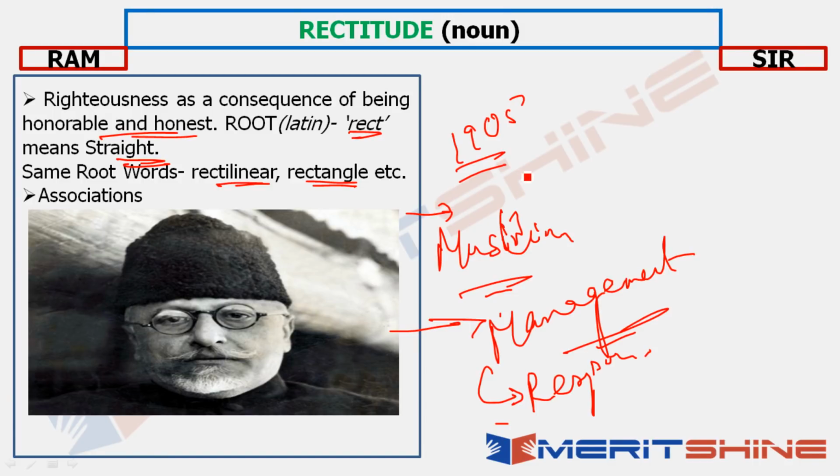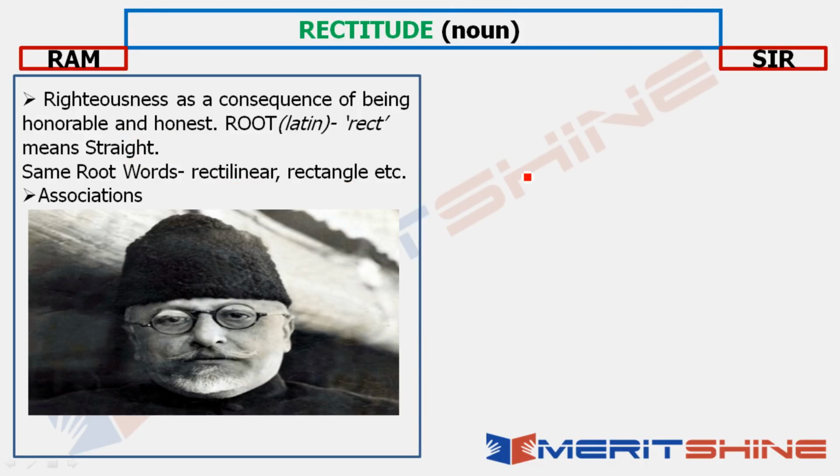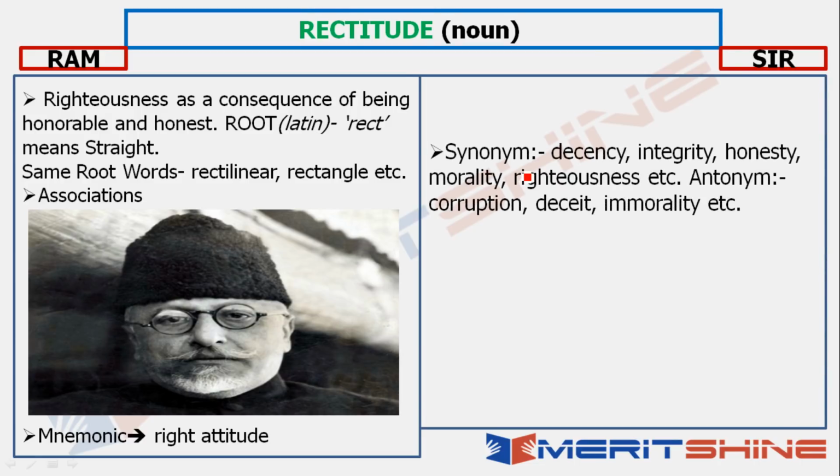After independence, he became the first education minister. But as a man, he was full of honesty and uprightness, right attitude, rectitude. Let me give you the synonyms: decency, integrity, honesty, morality, righteousness. Antonyms: corruption, deceit, immorality.